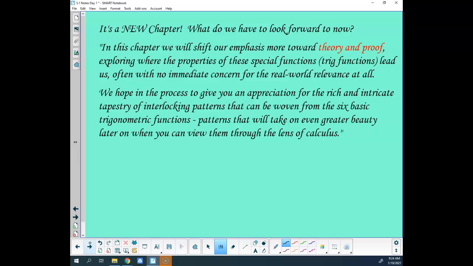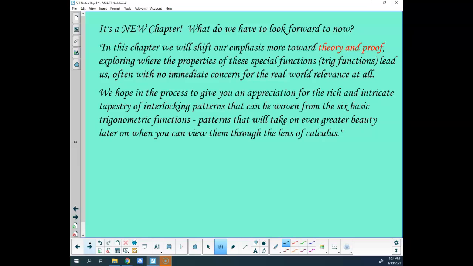So, new chapter. What do we have to look forward to now in this chapter? By no means does anybody have to write this down, just so you know. This is just something we can talk about. We're going to shift from calculation, which is what we were doing in chapter 4, where we were calculating and finding trig values, to theory and proof.